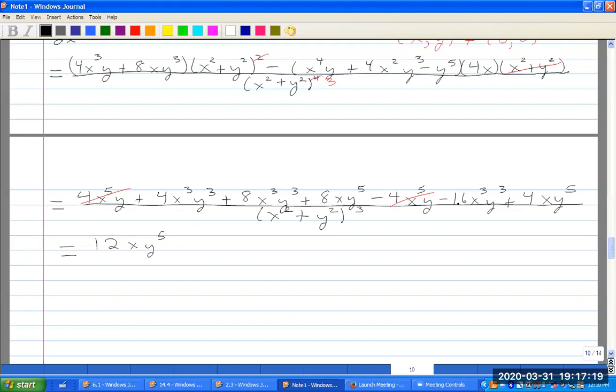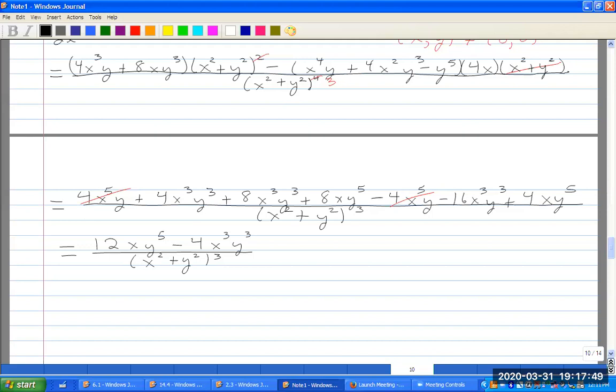Then the rest of them are x cubed y cubed terms. So I have a 4x cubed y cubed, 8x cubed y cubed minus 16x cubed y cubed. So that's 4 plus 8 is 12 minus 16 is a negative 4x cubed y cubed over x squared plus y squared to the power of 3.